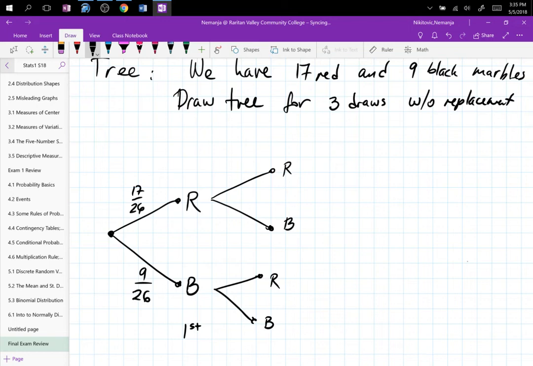So the total number of marbles, whether they're black or red, is 26. Since 17 are red, the probability of picking a red one is 17 over 26, which is how many are favorable divided by all, 26. And that's the first formula for probability that I wrote, F over N.